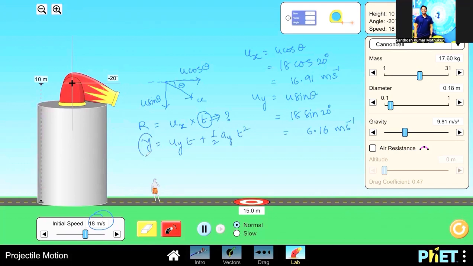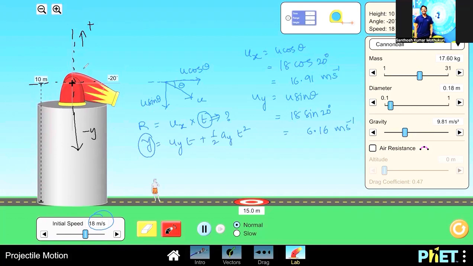Now, what is the vertical displacement from here to here? Let's suppose this is the origin. Deciding the sign convention is important in physics, as we all know. The cross mark is the origin, and this is the positive y-axis and this is the negative y-axis.